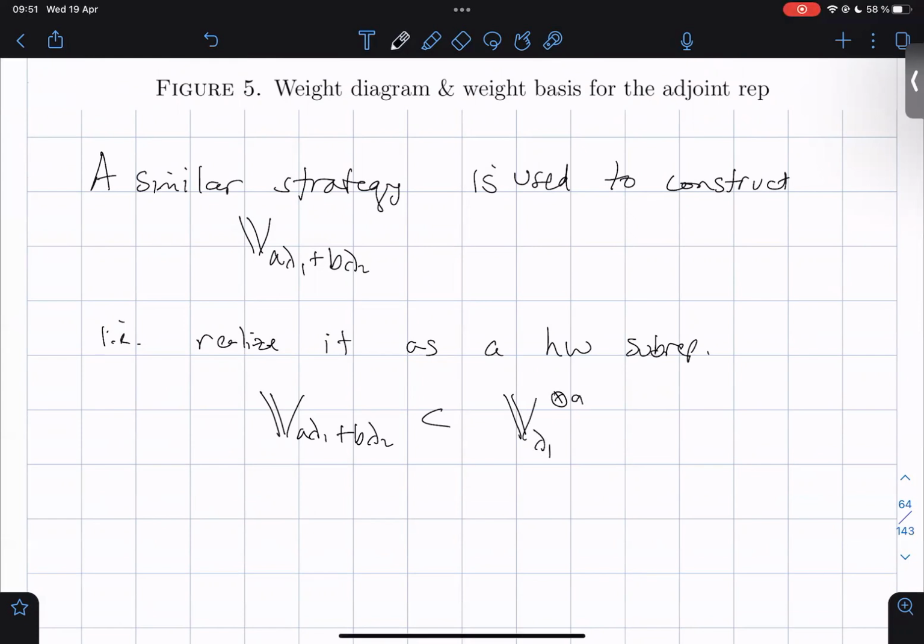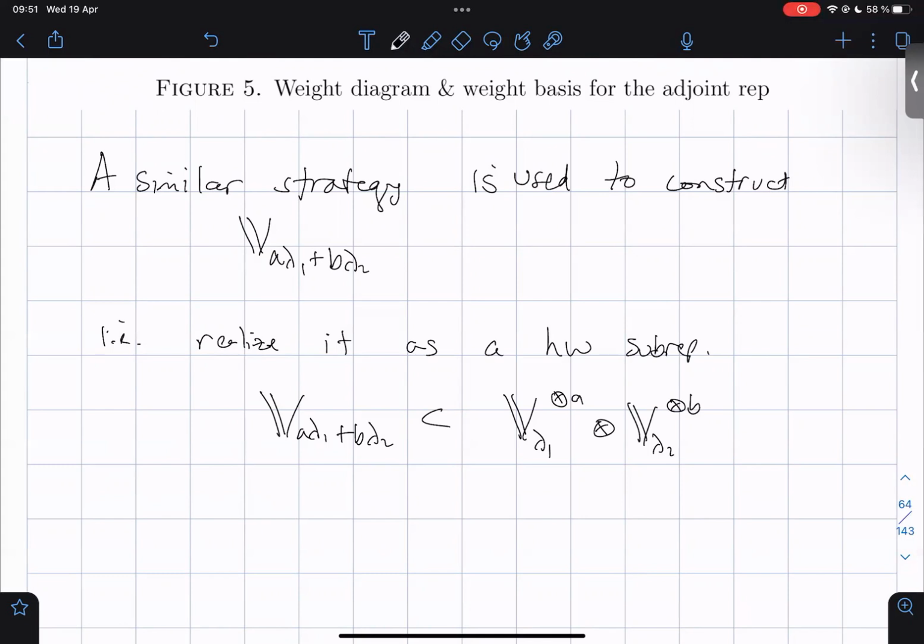Well, I take A copies of V lambda 1, and I tensor them all together. I take B copies of V lambda 2, and I tensor them together. Of course, this is only going to make sense if A and B are non-negative integers, which they are.